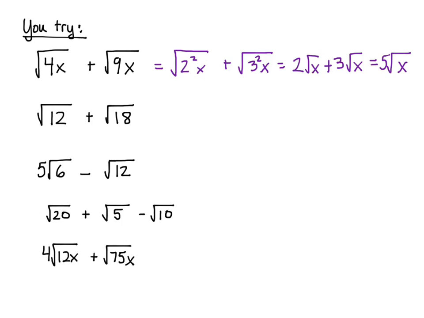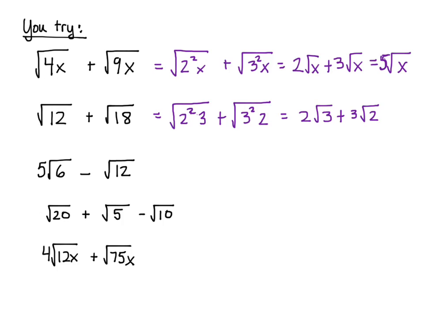Catherine, did you get the next one? Yeah, we couldn't really simplify. Okay. But I broke it down to 2 root 3 plus 3 root 2. Great. Like that, right? Okay, so that's simplified.